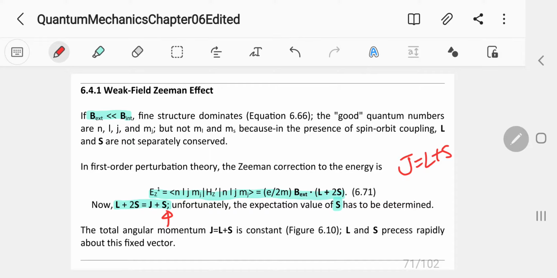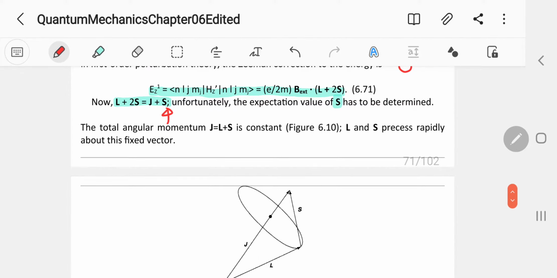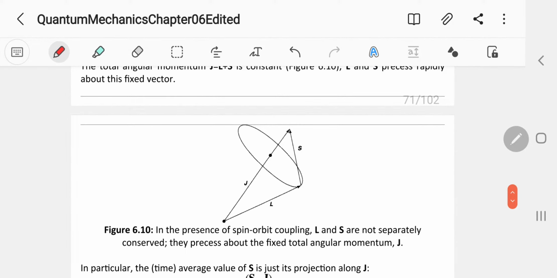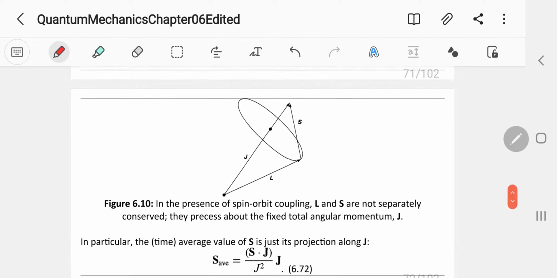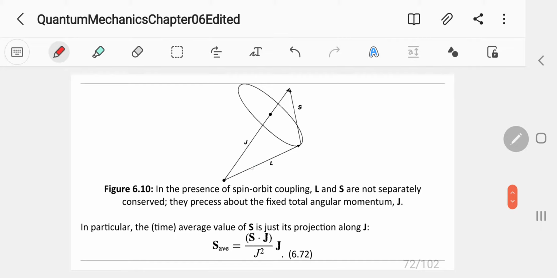The total angular momentum is just J equals L plus S, but L and S precess rapidly about a fixed vector J. So here your L could change its value and your S could change its value also, but they have to have a total sum of J. So J is a constant, and you could have a smaller L and a larger S, for example.